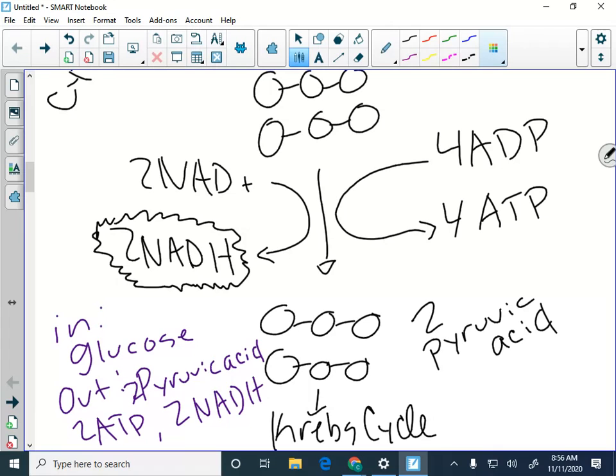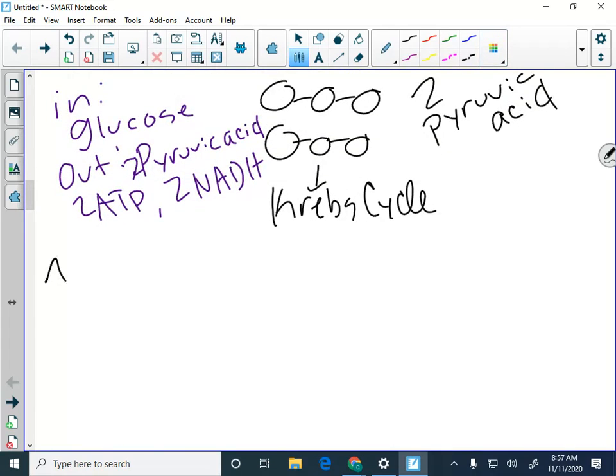There are some advantages to this process. Glycolysis is great. Glycolysis is one of the most common chemical pathways in life. It is super speedy. It does not take a lot of time to get this process done. It keeps up with high demand.